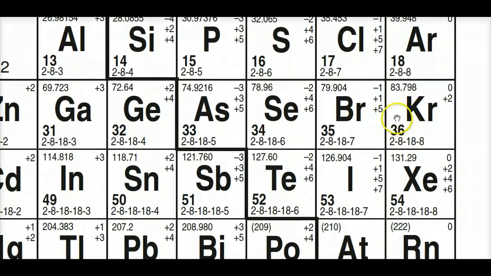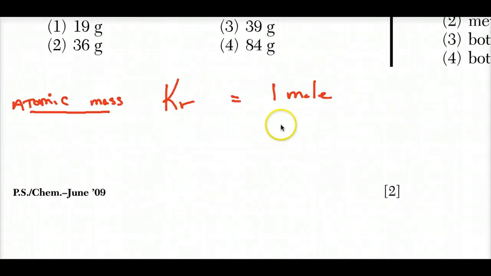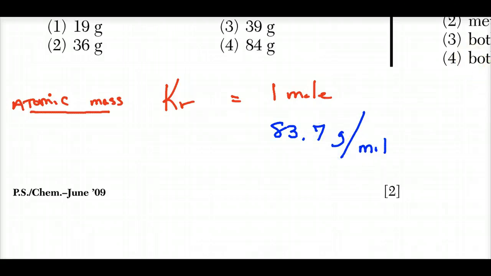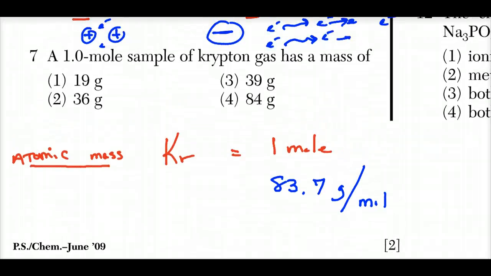So obviously 1 mole of krypton, if I had a box of krypton, 22.4 liters of it, would be 83.8 or 83.798. Let's go back to the problem. So 1 mole of krypton is 83.8 grams per mole. And of course, it rounds off to 84, choice 4.